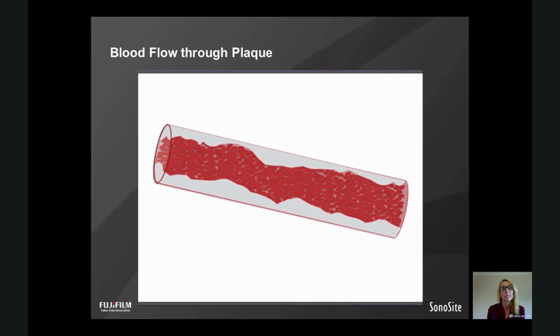Once that narrowing gets to less than 50%, you start to see some changes in the flow, the volume flow of the blood, because it causes a resistance that slows down the flow in the blood. So you can see here that this vessel has some narrowings in it, and that flow then not only becomes slowed down, it becomes a bit more turbulent as it hits all of those areas of narrowing. So that's not as laminar.